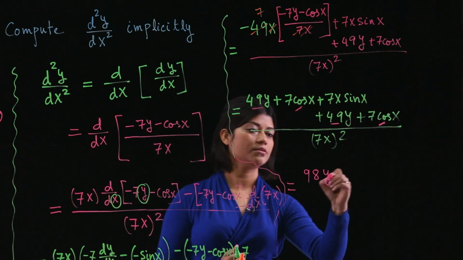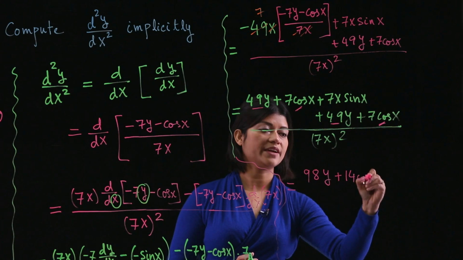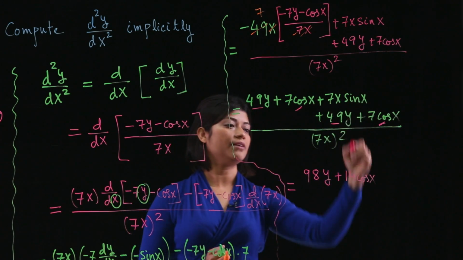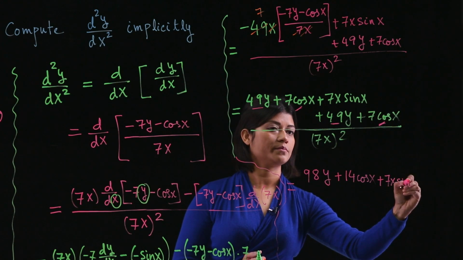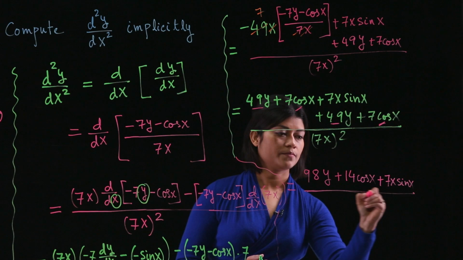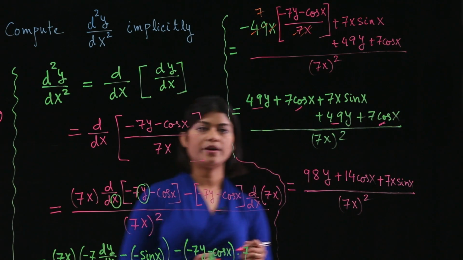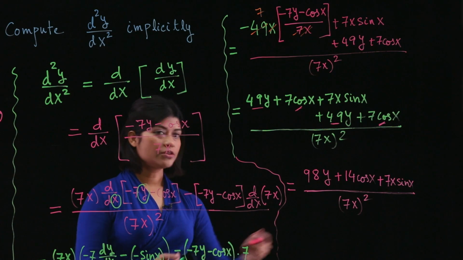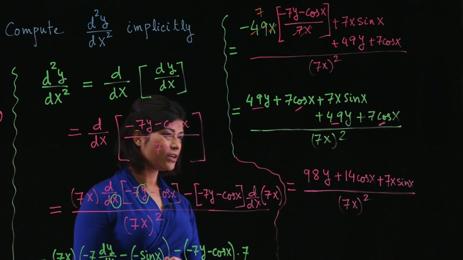You can add them together, so that's plus 14 cosine of x. And we have a 7x sine x. And divide the whole thing by 7x squared. So this is our answer basically. This is the second order derivative.